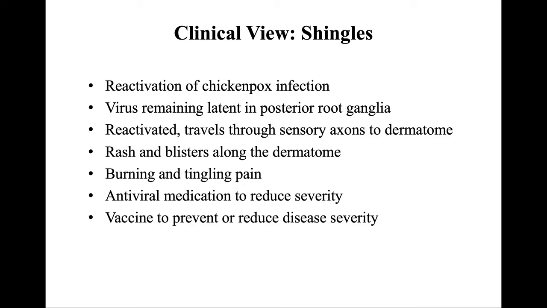Once you've had chickenpox, it stays dormant in the posterior root ganglion, or the dorsal root ganglion, as I call it. The dorsal root ganglion can harbor the virus that causes chickenpox, and then when the immune system is weak later in life, it pops out as shingles, and it's much worse than chickenpox. That information is on page 552, in the clinical box in your book.